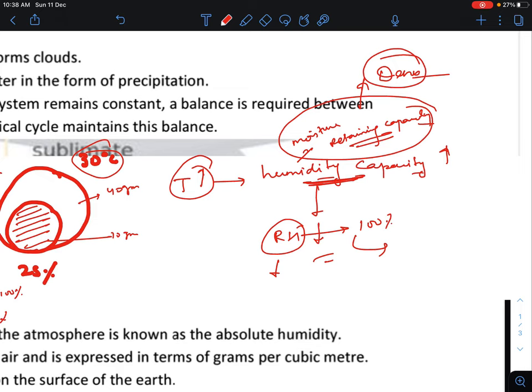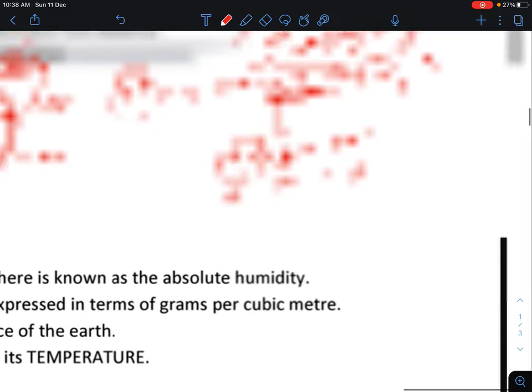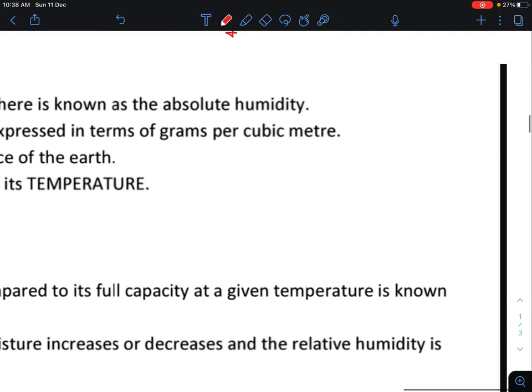Okay. Now we will study what are the factors affecting the relative humidity. This is a very good example.